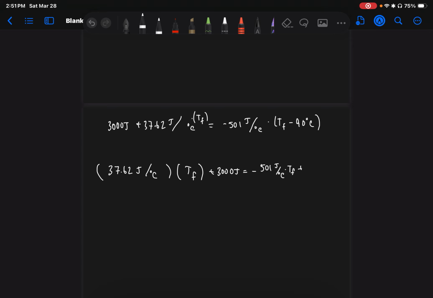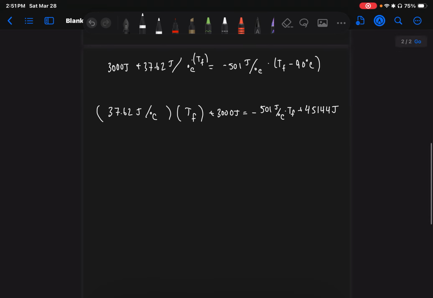Negative 501.6 plus, it should be 120 multiplied by 90 multiplied by 4.18. Ah, there you go. 45,144 joules.